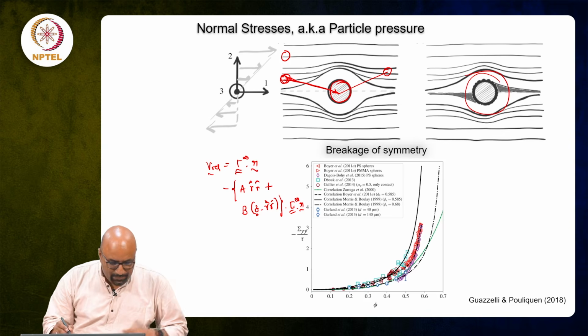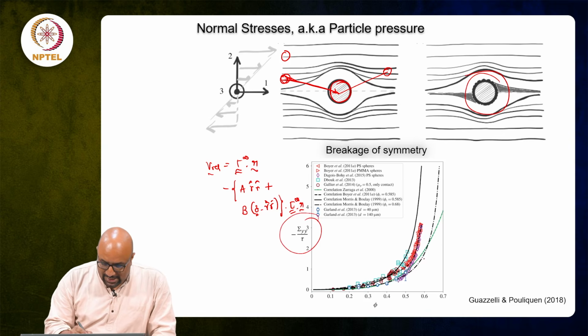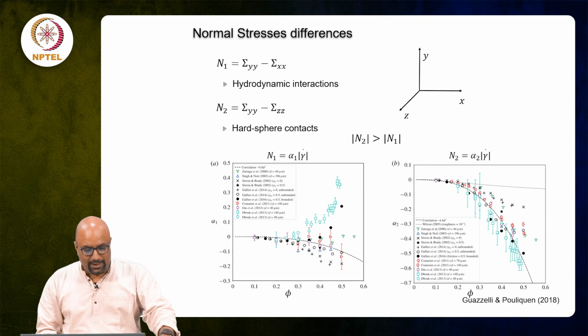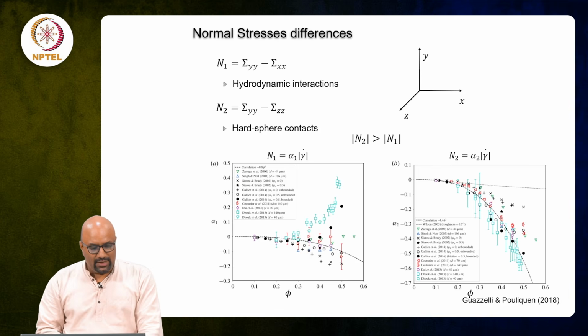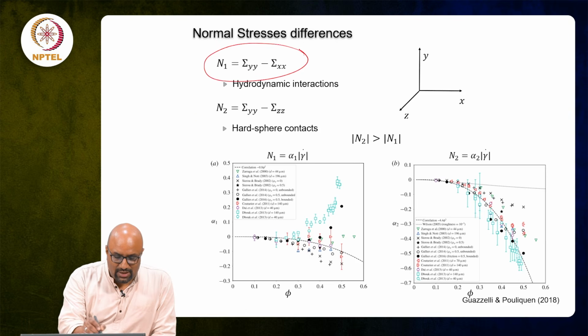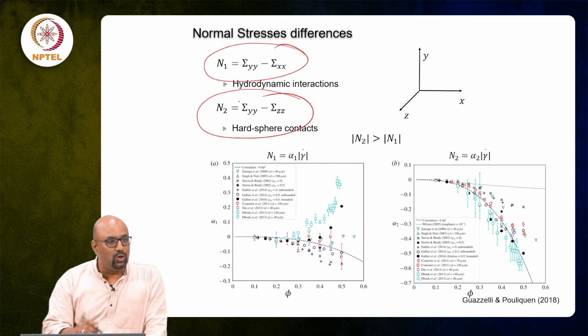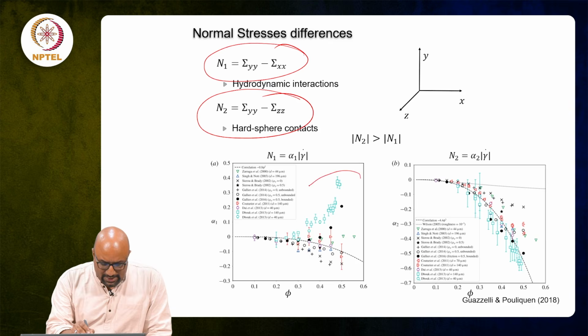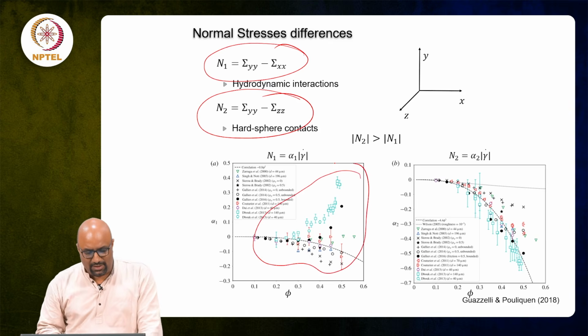So, here what you are seeing once again is the experimental data for these normal stresses, and finally what you see here is the normal stress differences N1 and N2 being plotted as a function of volume fraction. And again, there is a lot of spread in terms of experiments.